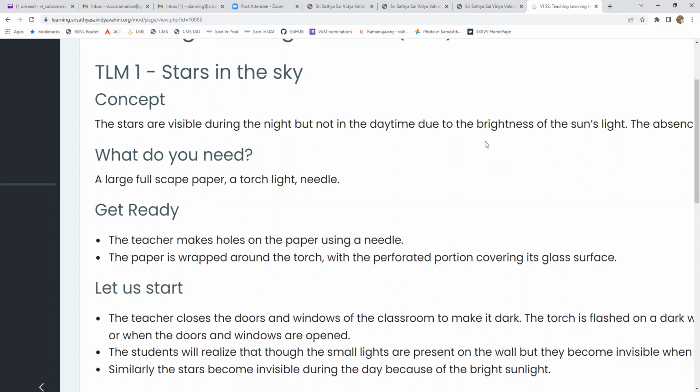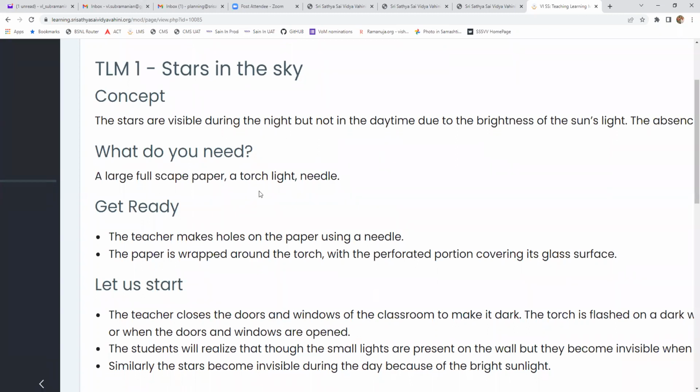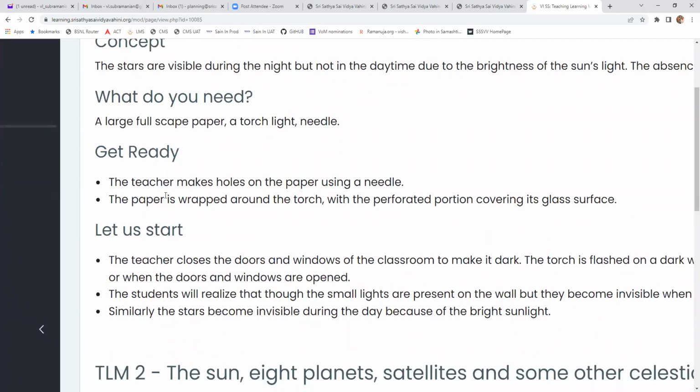Now, if you're going to explain the concept, one way is that you can keep talking like I am doing for the last 40 minutes, right? You may or may not understand. But if you carry some teaching learning material to the classroom, here it's a simple thing: a large foolscap paper, a torchlight, a needle, right? So the teacher makes holes on the paper using a needle.